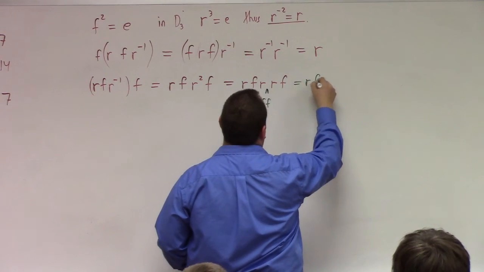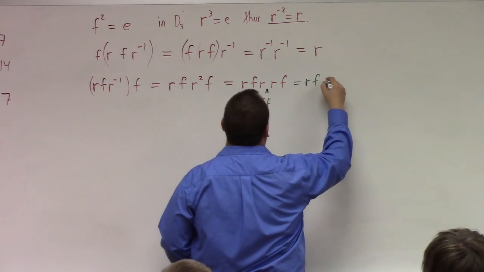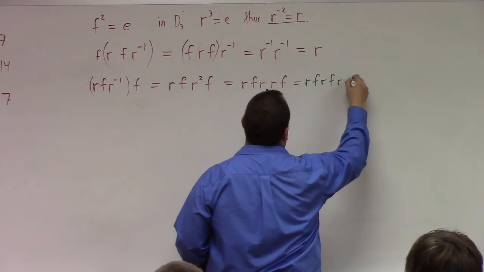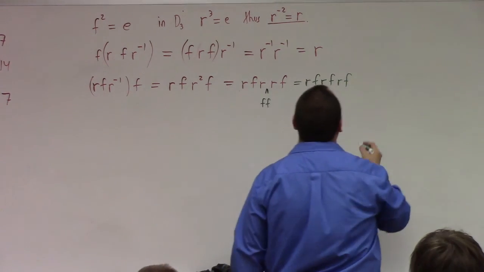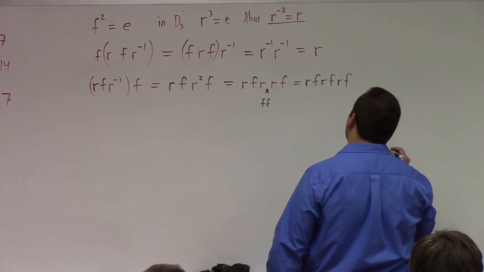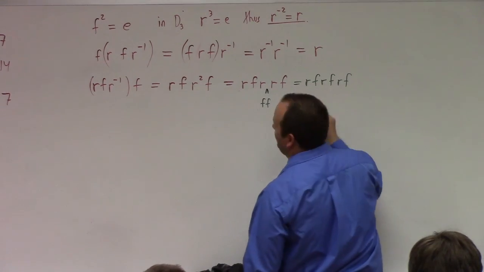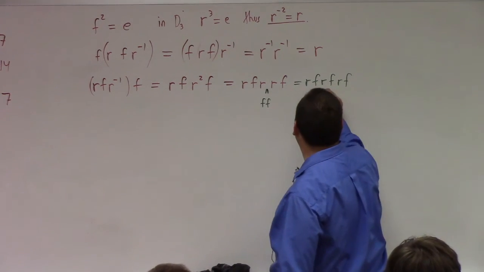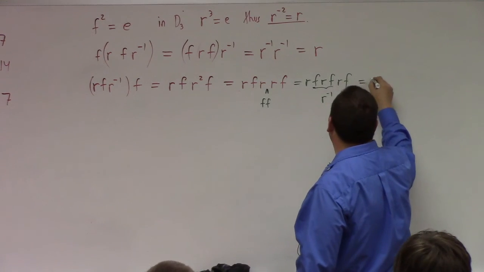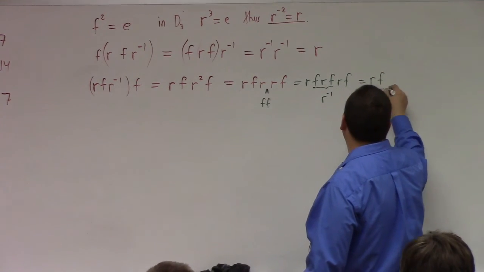So that's r, f, I mean, f f is e, right? f, r, f, f, r, f. I don't know. What were we looking for? Now you guys got me distracted here. f r f is r inverse, right? So this is r f. Okay.